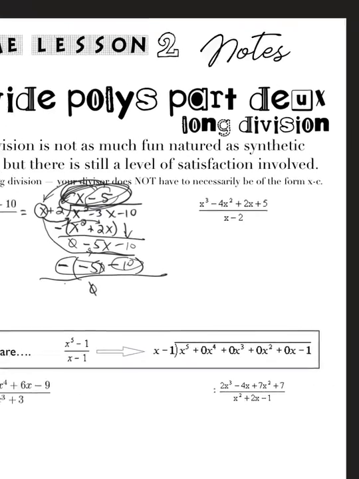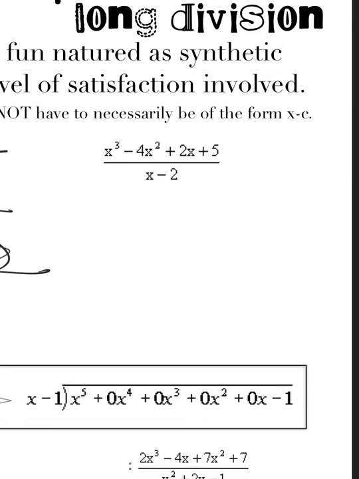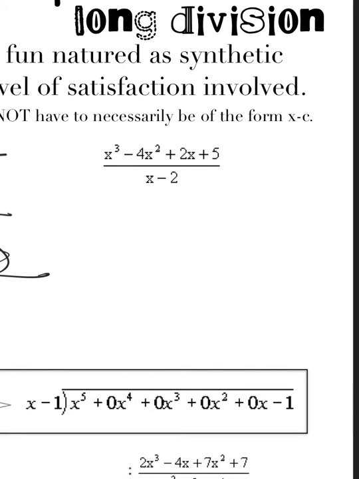Okay, so let's look at the next example. I have x minus 2, that's going to be on the outside of my divisor bar. Make my bar x cubed minus 4x squared plus 2x plus 5. Every single time, this is what is driving my whole division problem.